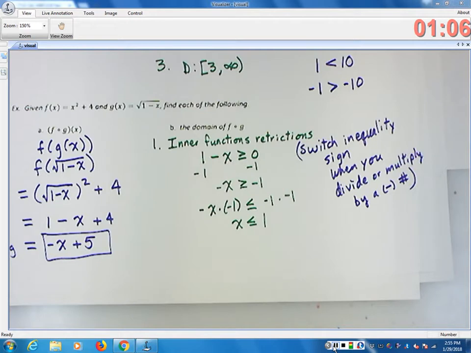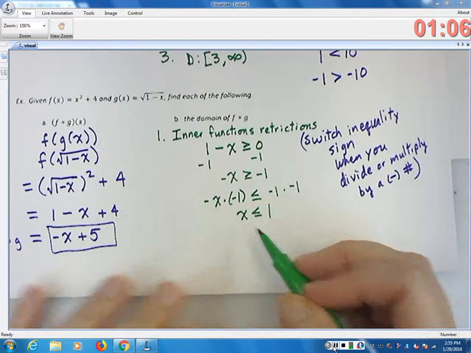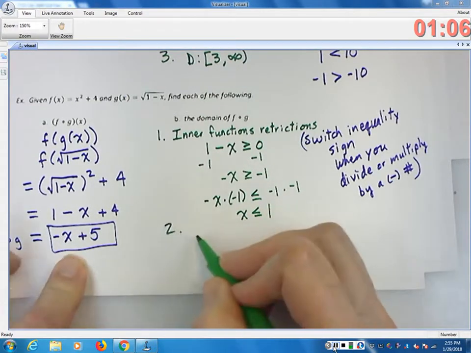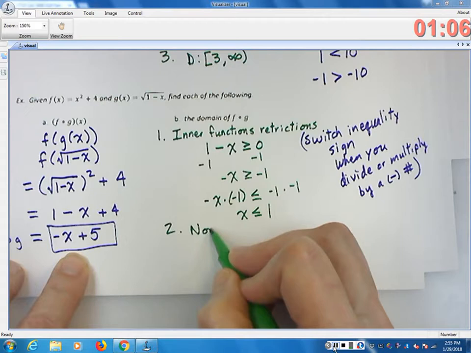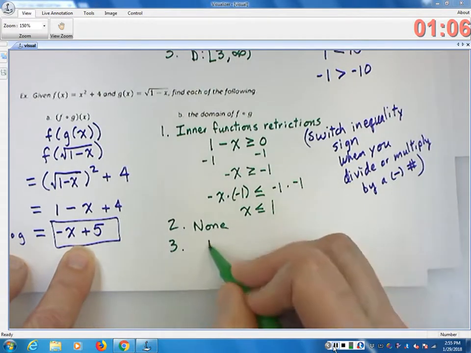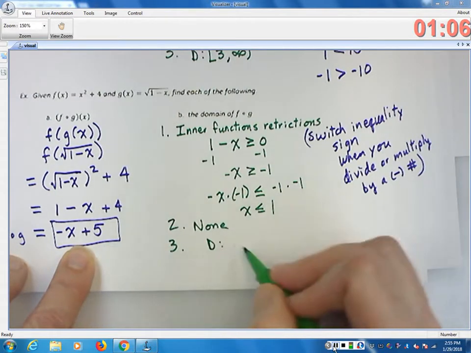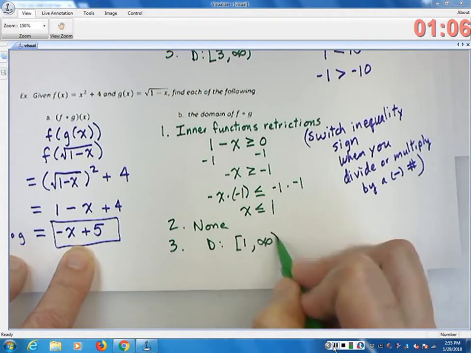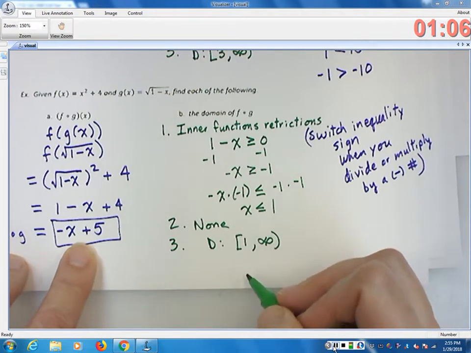Okay, so there's our domain. There's the inner function's restrictions. Step 2, the simplified restrictions, and there's none. So step 3, the domain is based on number 1 here, 1 to infinity. Wait a minute, I did it wrong.